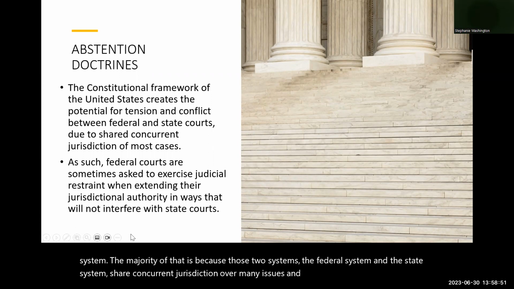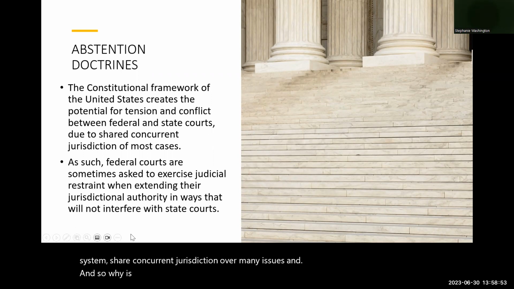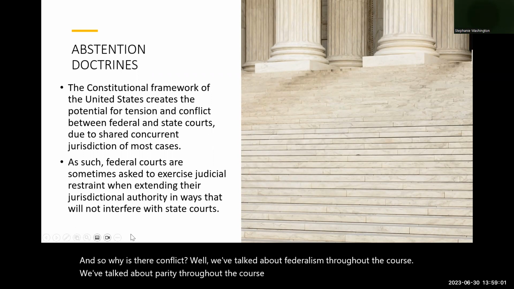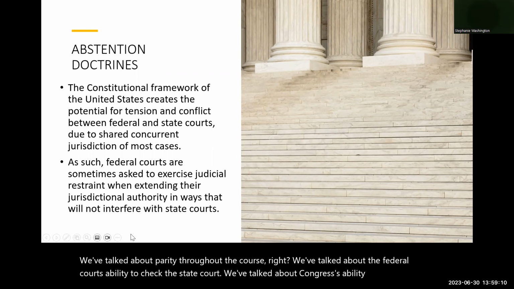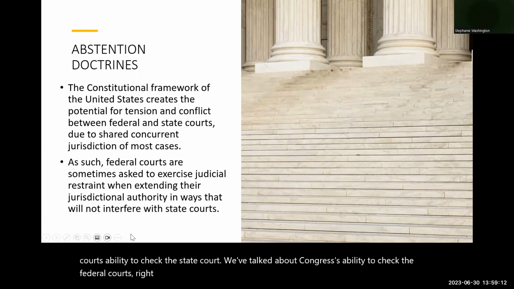And so why is there conflict? Well, we've talked about federalism throughout the course. We've talked about parity throughout the course, right? We've talked about the federal court's ability to check the state court. We've talked about Congress's ability to check the federal courts, right? It's all this very delicate balance of power.